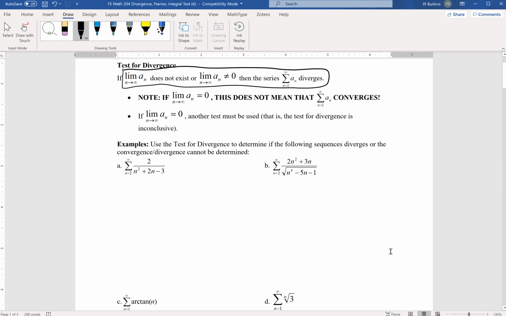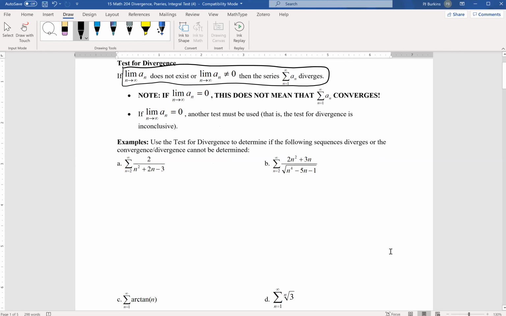So let's take a look at one of these guys. So it says use the test for divergence to determine if the following sequences diverge or cannot be determined.